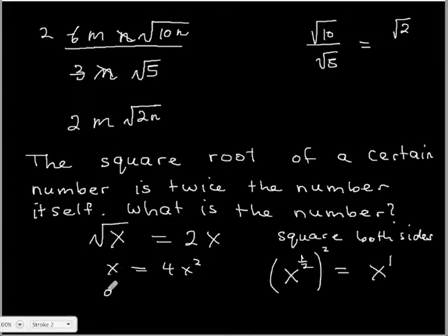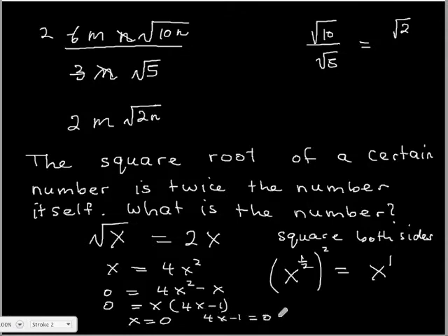All right, so now we can bring all the x terms to one side, factor the x out, so you will have x times 4x minus 1 is equal to 0. So you can tell that x could be 0, and if 4x minus 1 is equal to 0, then you can solve for x as 1 over 4. So x could be 1 over 4.